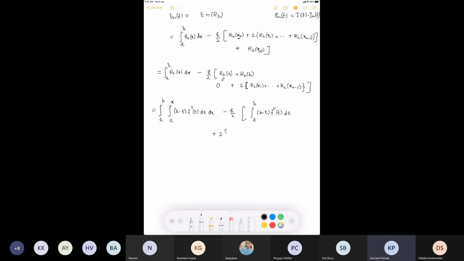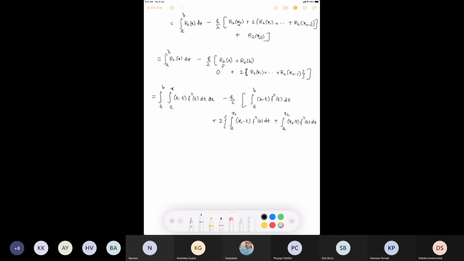So it is going to be 2 times: the first term is the integral from a to x, substituting x equal to x1. So this will be a to x1, (x1 minus t) f double prime t dt. Next term will be a to x2, (x2 minus t) f double prime t dt. And likewise, the last term is going to be a to xn minus 1, (xn minus 1 minus t) f double prime t dt.